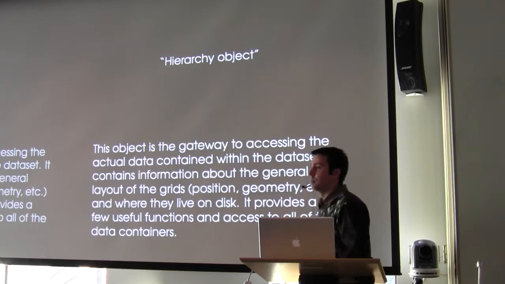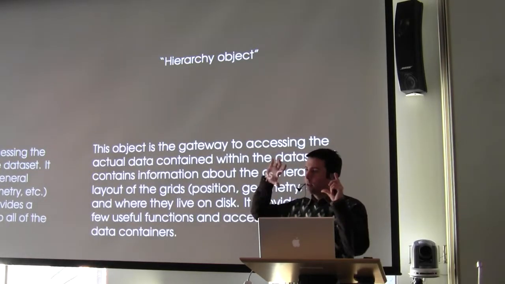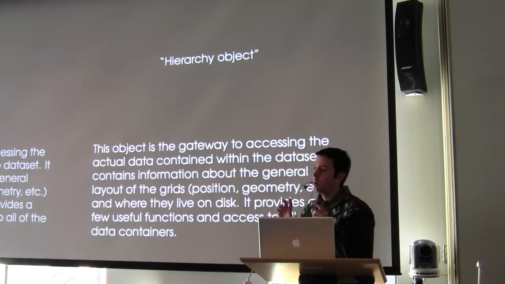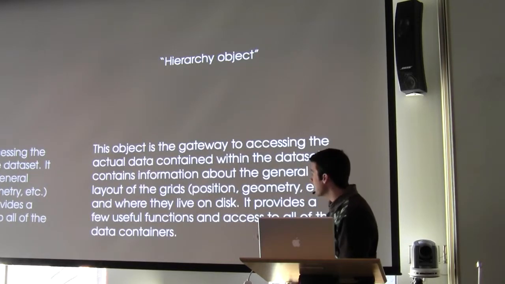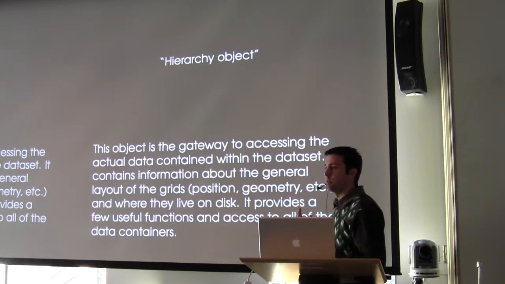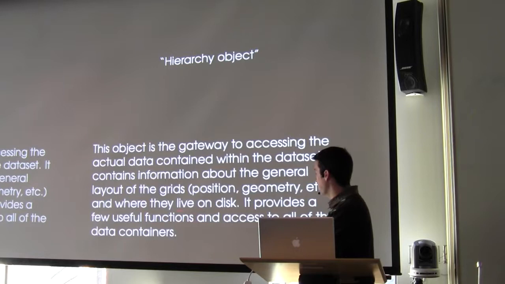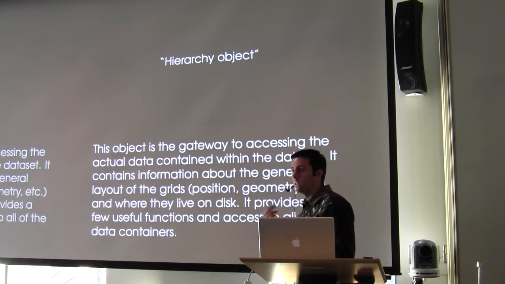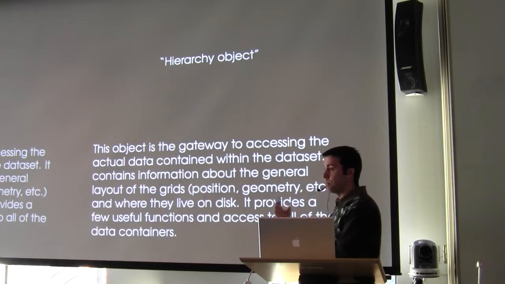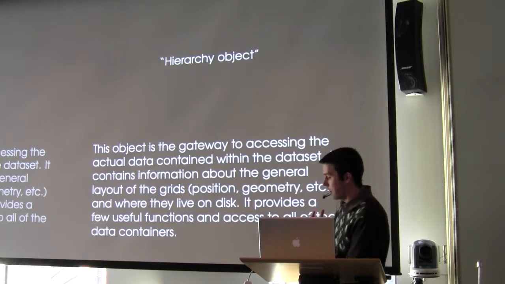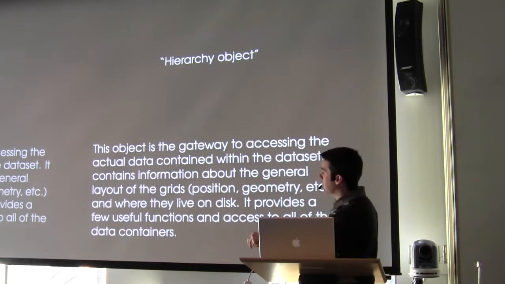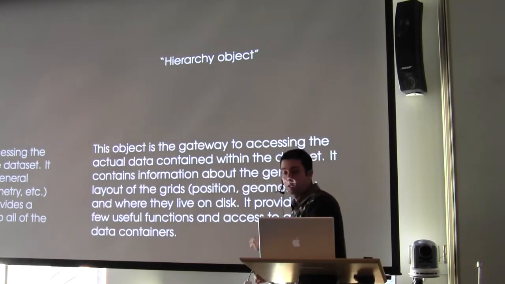This contains the information on what data is in what grid patch, where that grid patch is sitting on disk, and it also provides a lot of useful functions or methods for getting some quick information from this hierarchy. It also provides access to all of what we'll talk about later, these data containers.